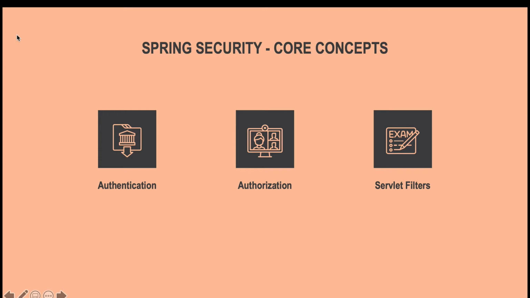Those are the two concepts where a security framework will determine whether it's going to give you access or deny you access. You might pass the authentication process and then fail the authorization process. Let's say you failed the authentication process itself, so you never get to the authorization process.